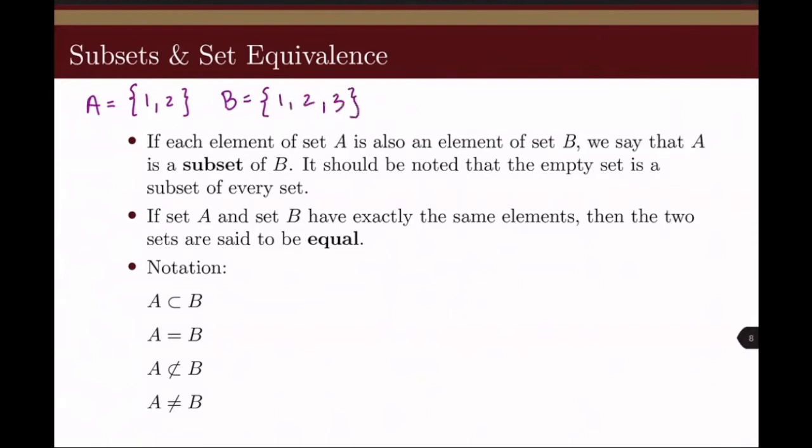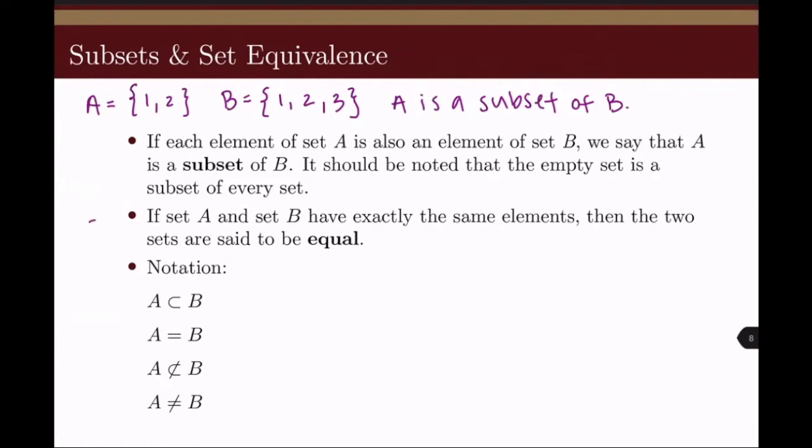So you can look at these sets and you can see that every single element of A is also included in the set B. So this means that A is a subset of B. B, however, is not a subset of A because A does not contain the number 3. So A is a subset of B, but B is not a subset of A.